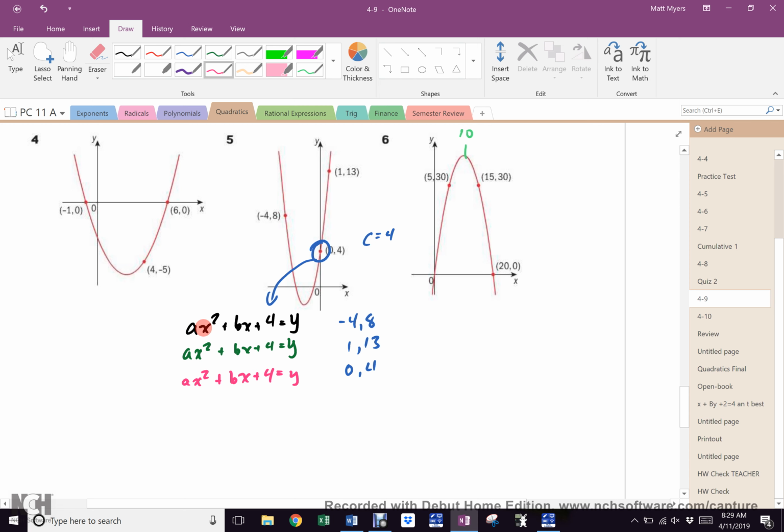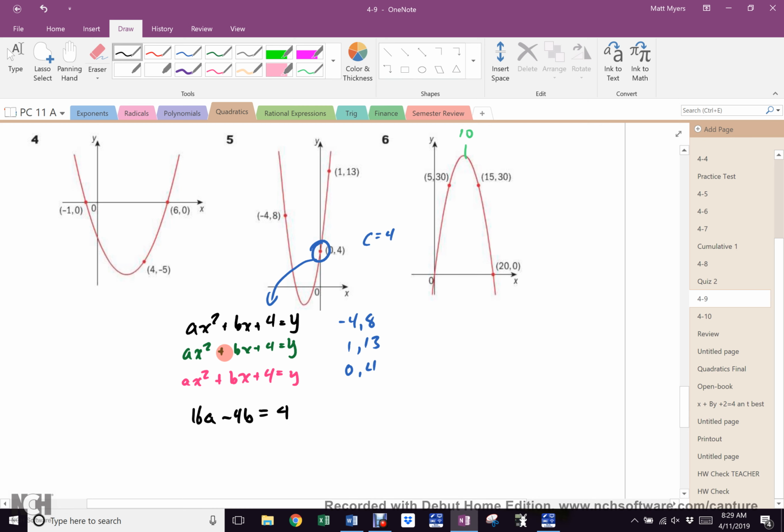So if I put the top one in the top one, I get 16a minus 4b plus 4 equals 8, which I could then change to 16a minus 4b equals 4, right? Everyone's cool with that? Because I moved 4 over.